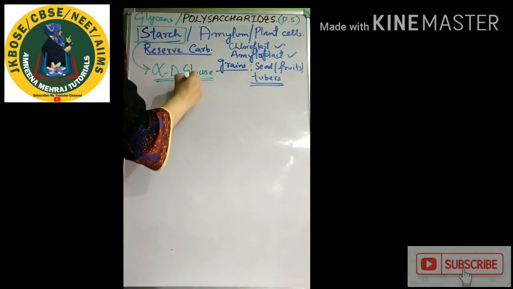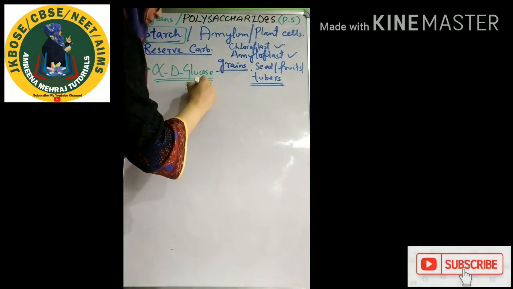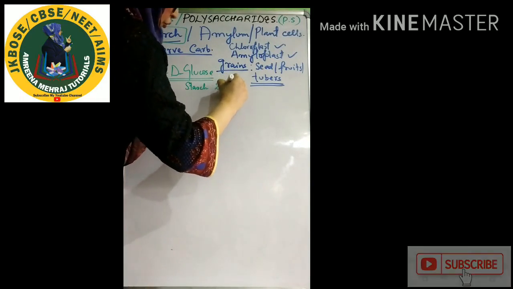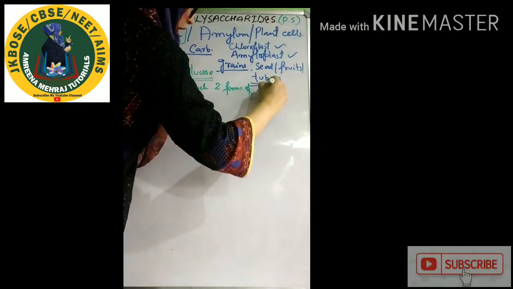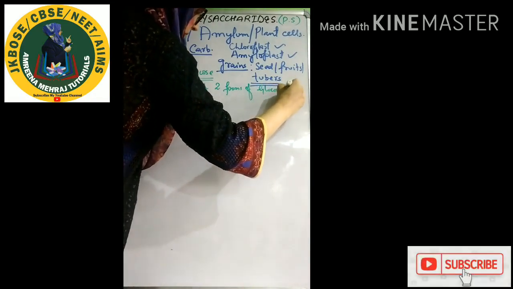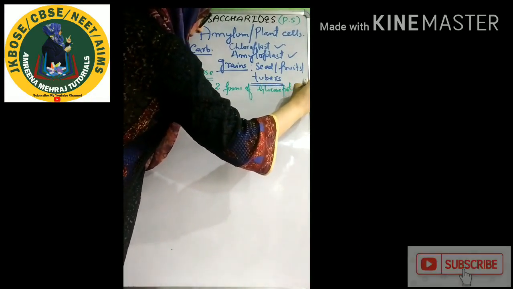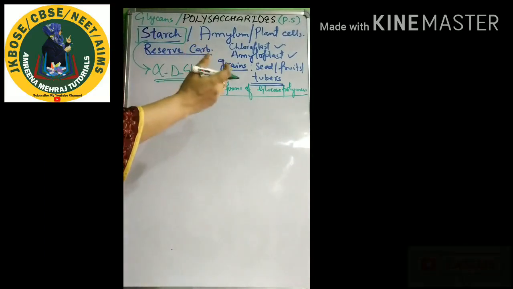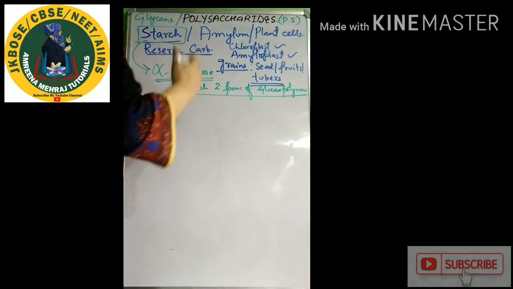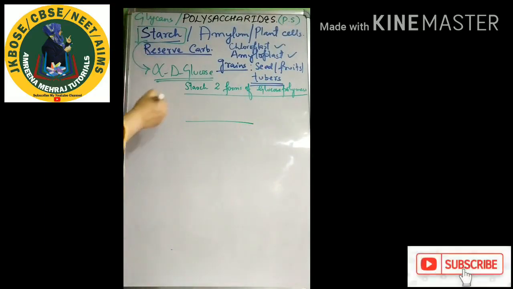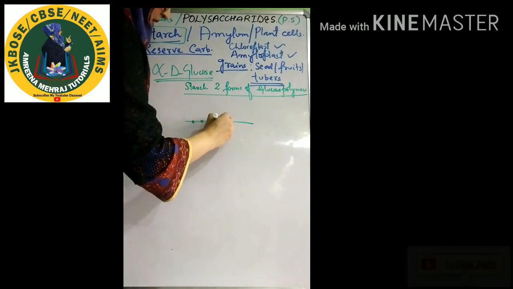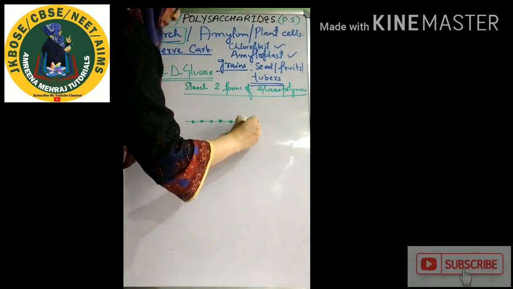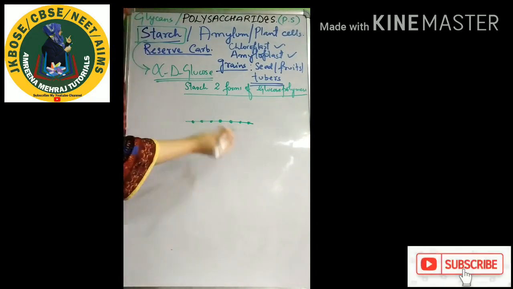Now, this starch has two forms of glucose polymers. Let me make you understand. Your starch has alpha D glucose molecules connected one to another, something like this polymer. Each dot represents alpha D glucose. So these alpha D glucoses are connected to each other.